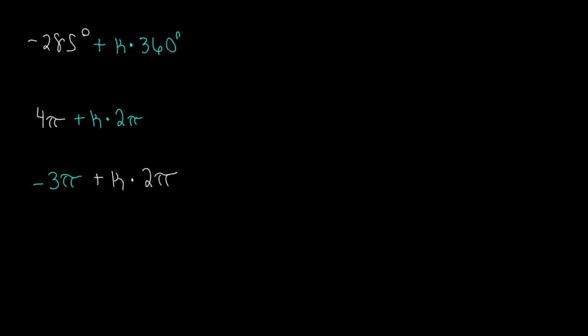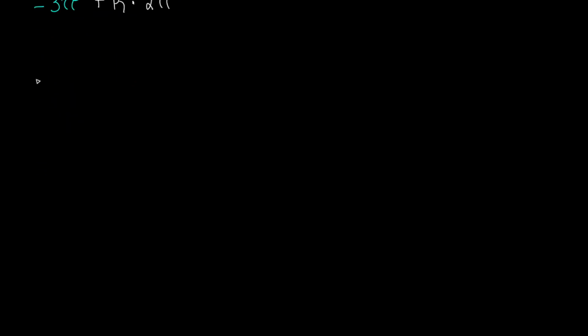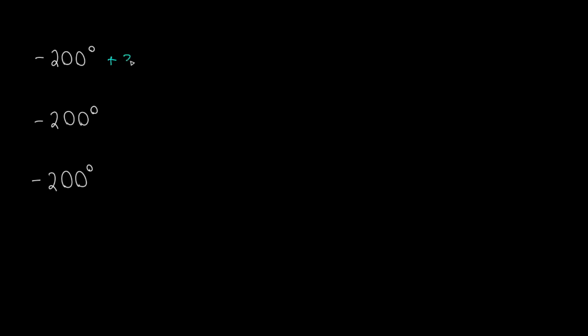Let's do a few more of these. And what we're going to do is take what I give you, so negative 200 degrees, and we're asked to find one negative coterminal angle, one positive coterminal angle, and all coterminal angles. So to find our positive coterminal angle, we add 360 degrees.